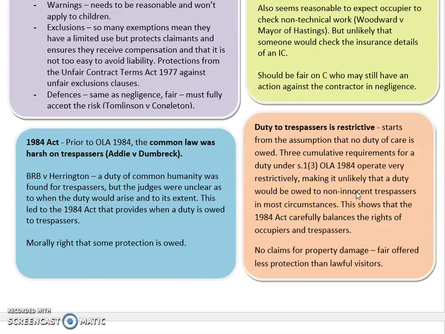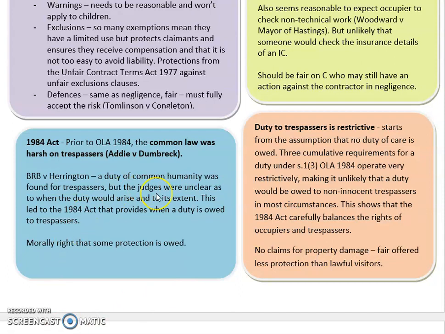And you could argue that this shows that the 1984 Act is carefully balancing the rights of occupiers and trespassers. You could also make the comment that there's no claims available under the 84 Act for damage to a trespasser's property. And obviously that seems fair. It's fair that we offer less protection to trespassers than we do to lawful visitors.